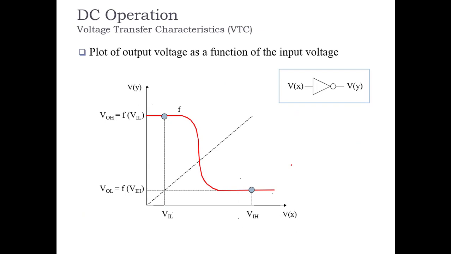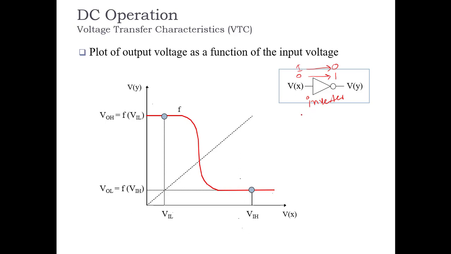Okay, so you see here this is an inverter. So this is a gate. An inverter is a gate. If you give it a 0, it will give you a 1. If you give it a 1, it will give you a 0.